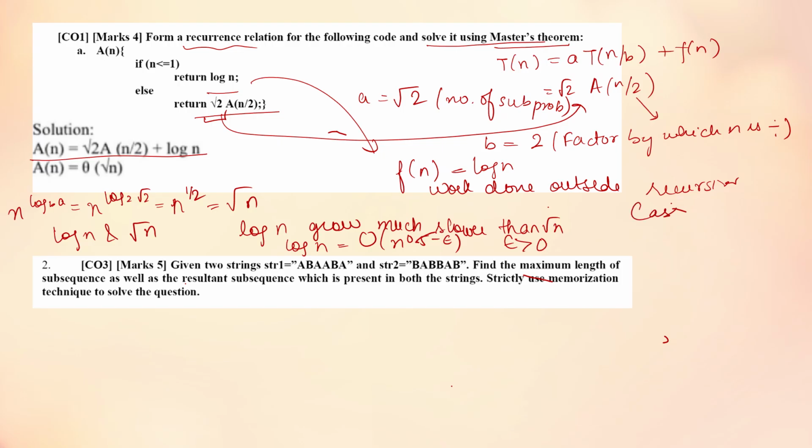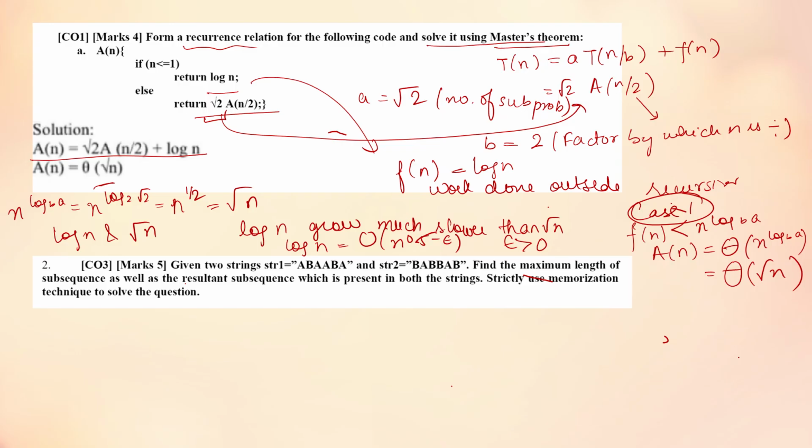This fits case 1 of Master's theorem, by which we can say when f(n) is less than n^(log_b a), you say that T(n) is equal to order of n^(log_b a), that is order of root n. This matches the answer here. So these were the steps involved.